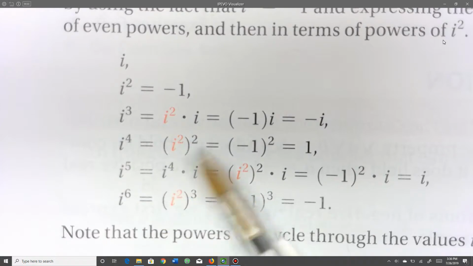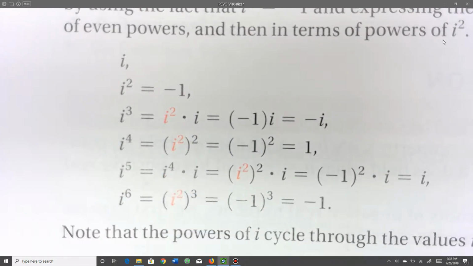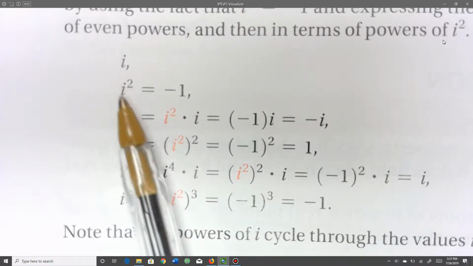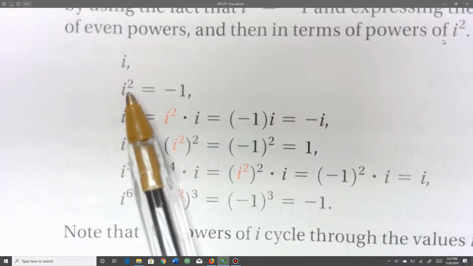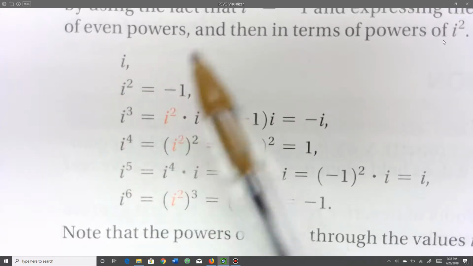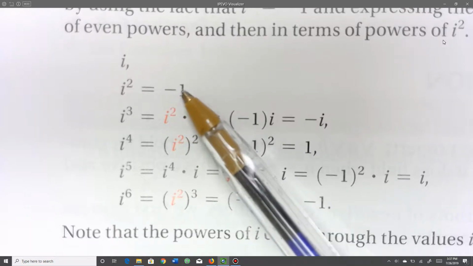You have i squared here. So when you have even exponents, your answer is going to be -1.